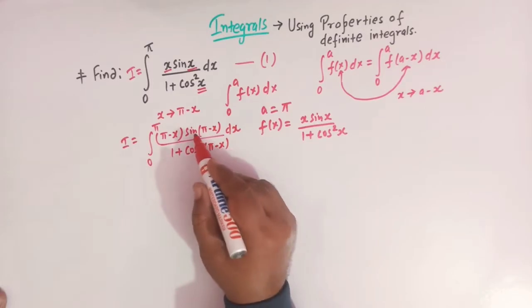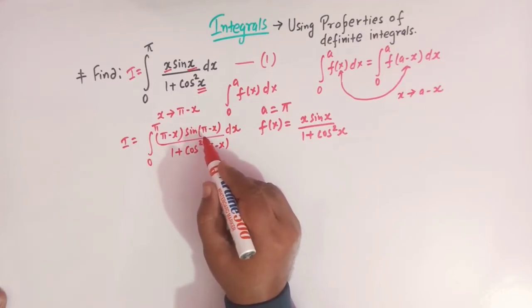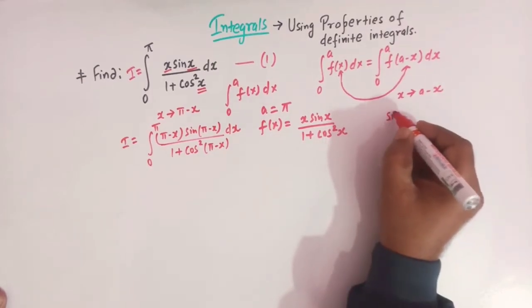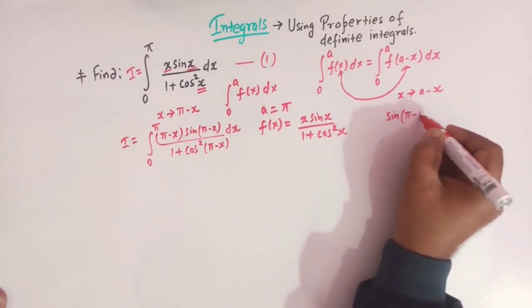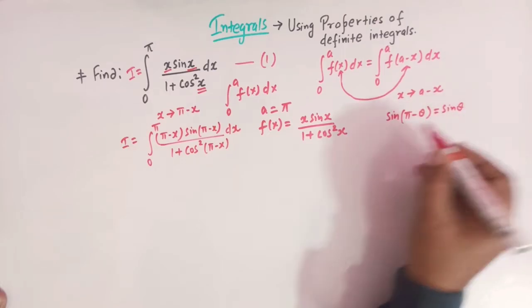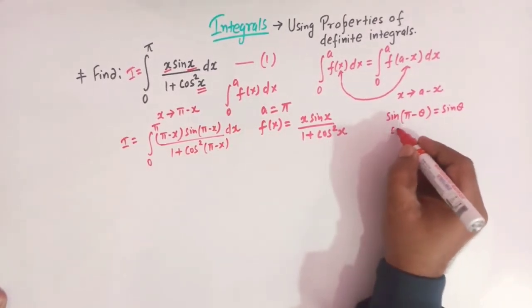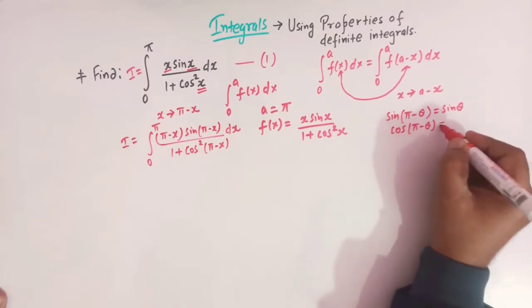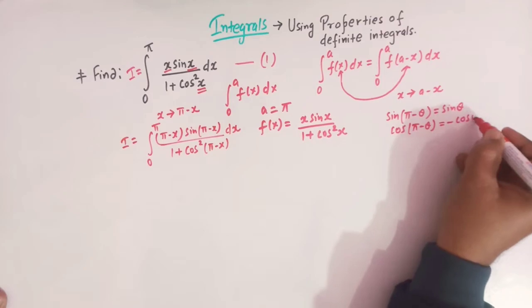Now we'll make use of some important results from trigonometry. We know that sine of pi minus theta is equal to sine theta, and cosine of pi minus theta is equal to negative cos theta.